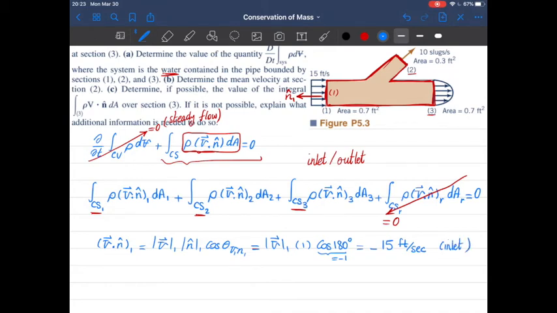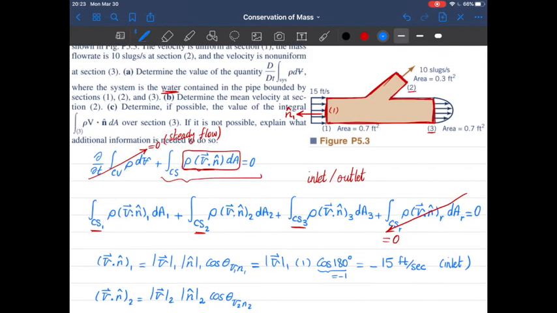Then similarly we can do the same thing for surface number 2, which is the magnitude of the velocity at that surface times the unit normal vector times the cosine of the angle between these two vectors. Again here the velocity is outward, and the normal to the surface is always pointing outward.